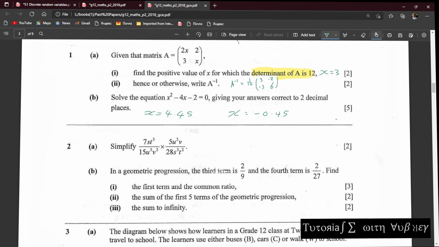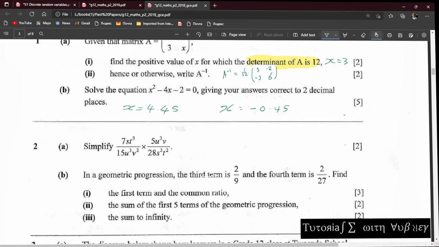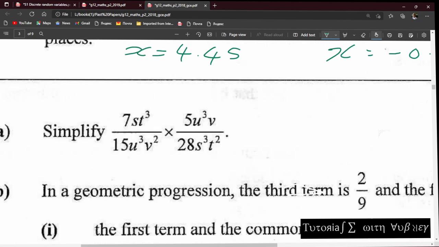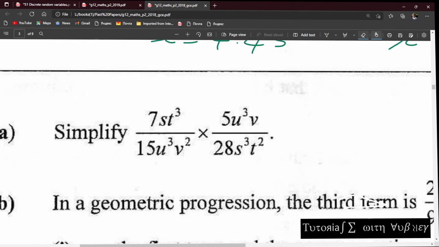Question 2 is asking us to simplify these two terms multiplied here. Okay, so the good part about dealing with multiplication is that we can simplify across.